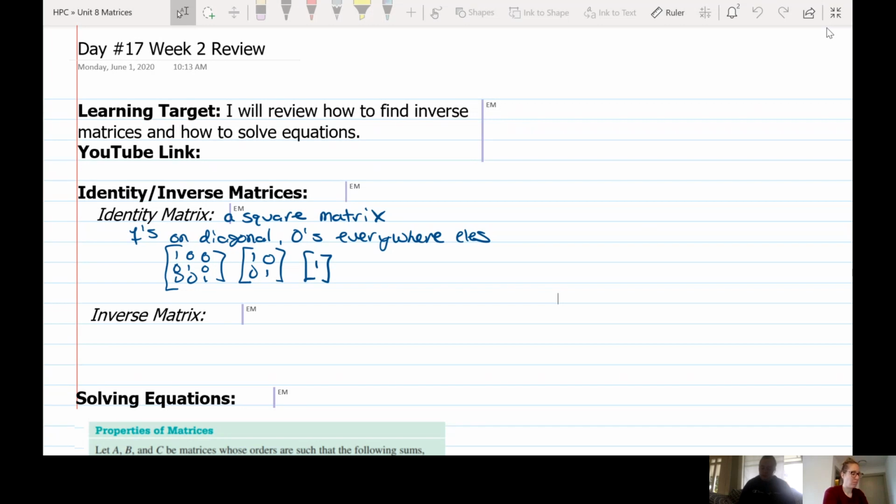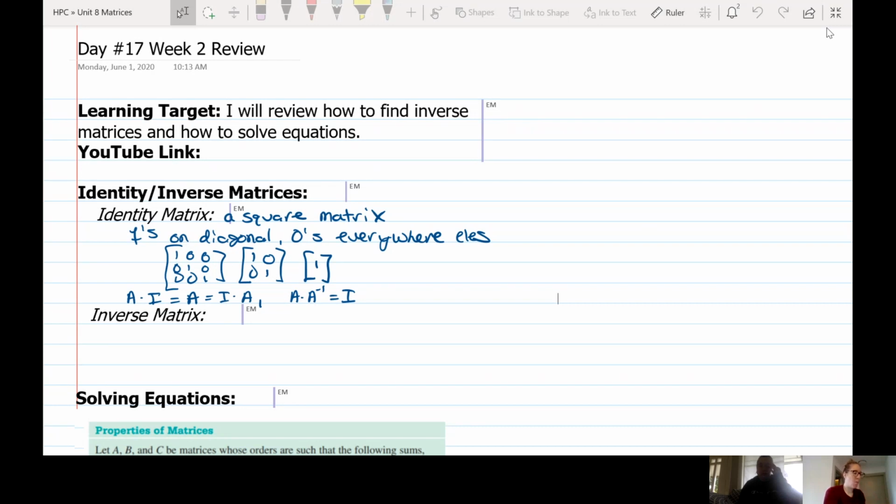A couple properties that we have with this one: if we have matrix A, then A times I equals matrix A. And it's also the other way around, so I times A will also equal A. The second property, which I think we use the most often in this class, is A times the inverse of A is equal to the identity. We use this one a lot when we're solving our equations. We use it as our division.